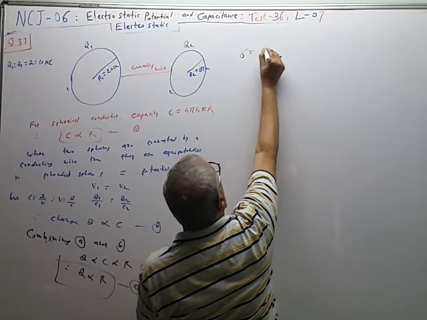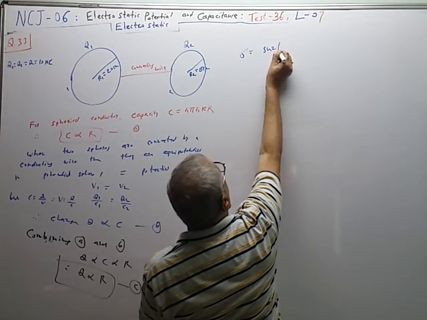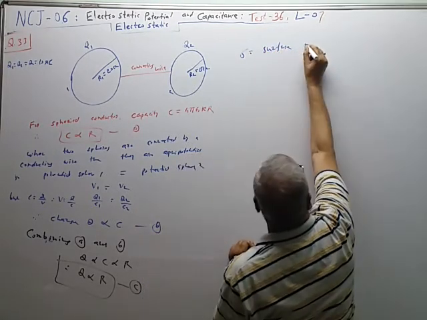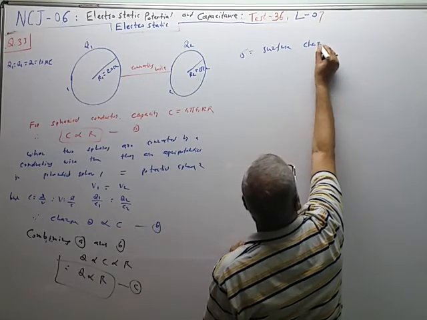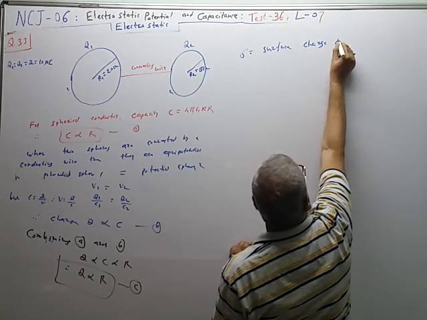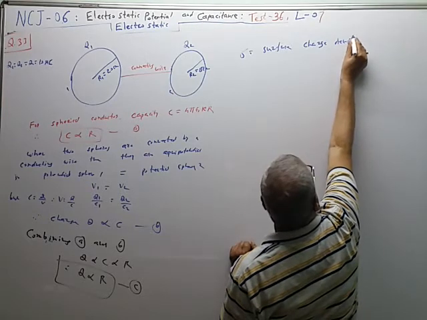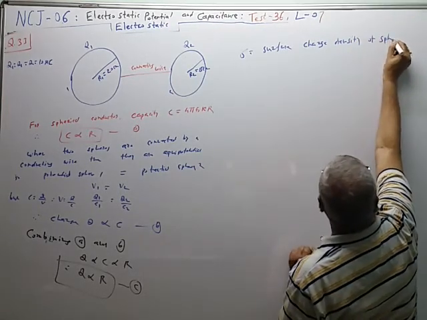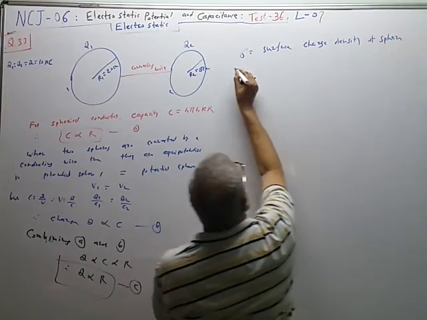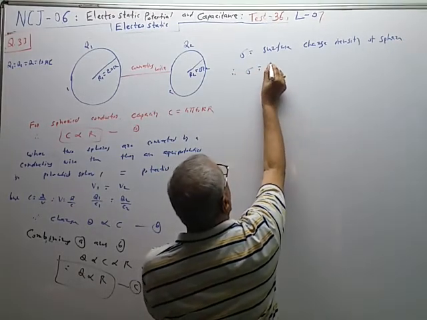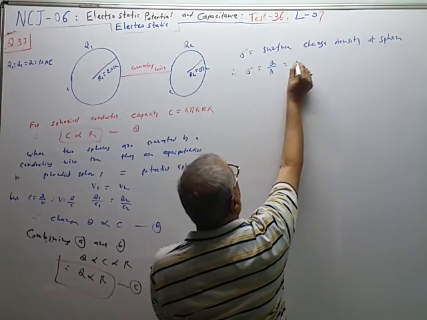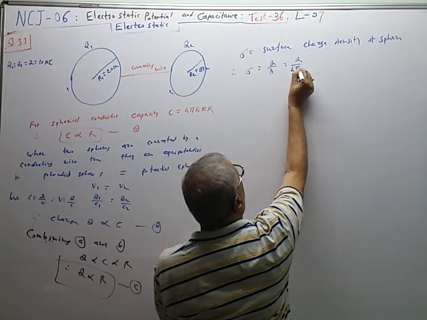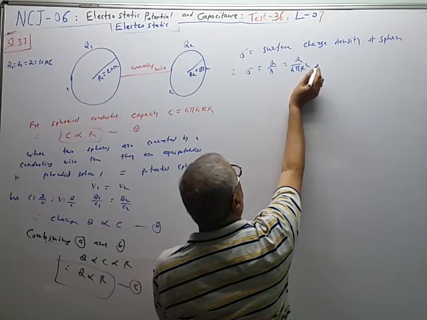Sigma is equal to surface charge density of the sphere. Therefore, sigma is equal to Q upon A is equal to Q upon 4 pi R square.